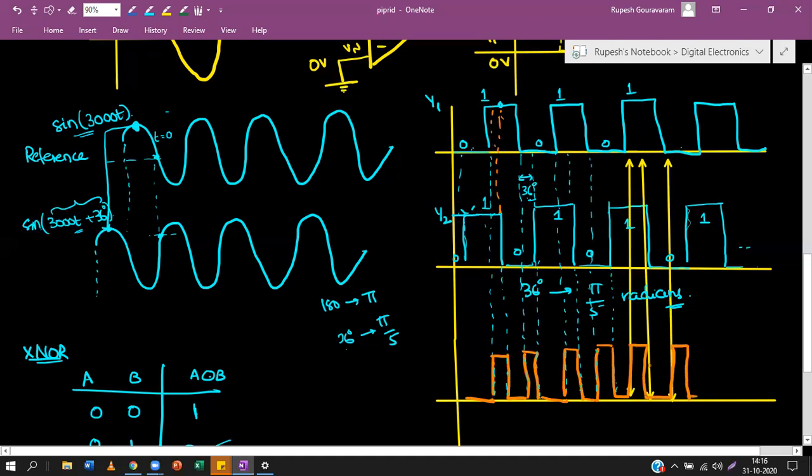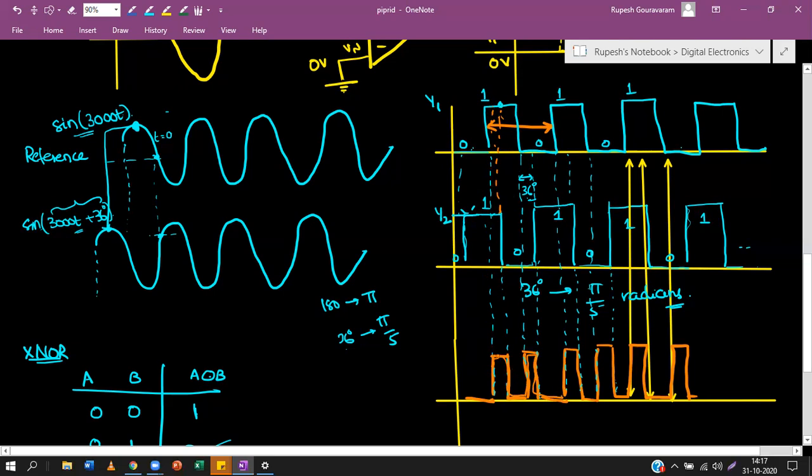Understood the logic? So what is actually happening here in a time period? Time period means from this end to this end. Whenever the total wave occurs, this is a time period. In this time period, instead of one full wave, two full waves are occurring.